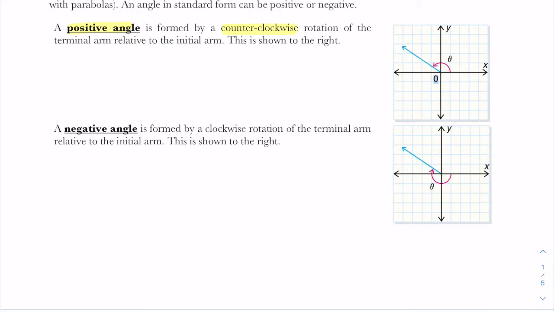Let me explain in the picture to the right. Imagine we have our initial arm along the positive x-axis. I'll just draw it here for clarity. The initial arm will always be along the positive x-axis. Oftentimes it won't be drawn, just so that we don't clutter the diagram, but I'll make it clear over here.